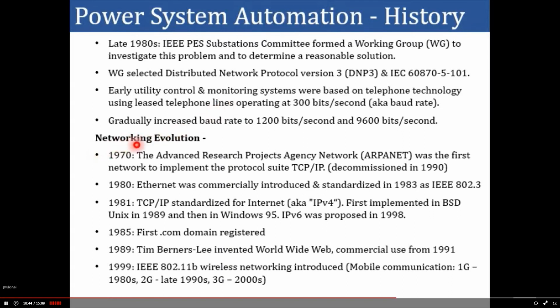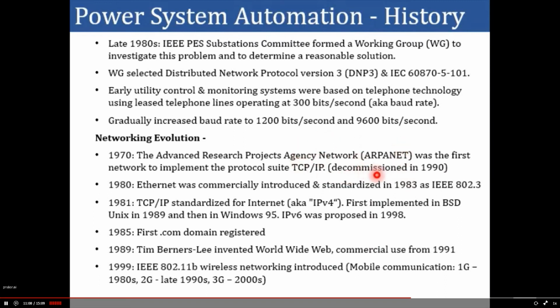Now let's see how computer network evolution happened. In 1970, the Advanced Research Projects Agency Network, known as ARPANET, was the first network to implement the protocol suite TCP/IP.